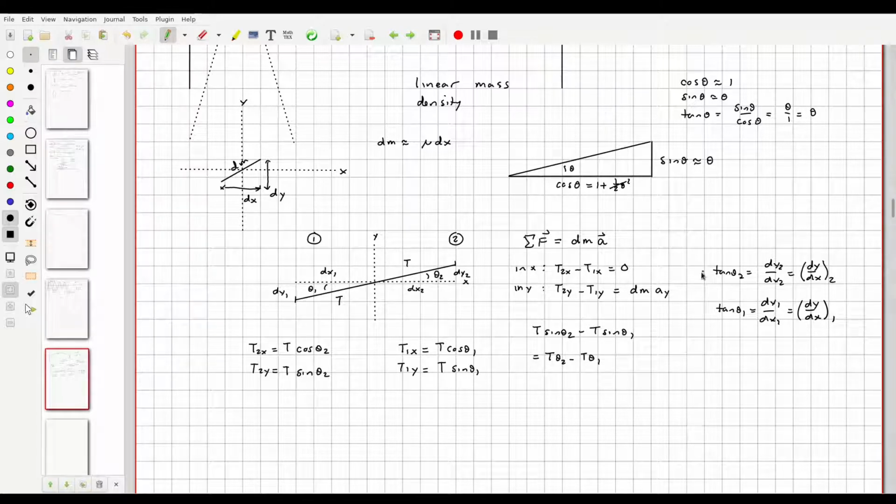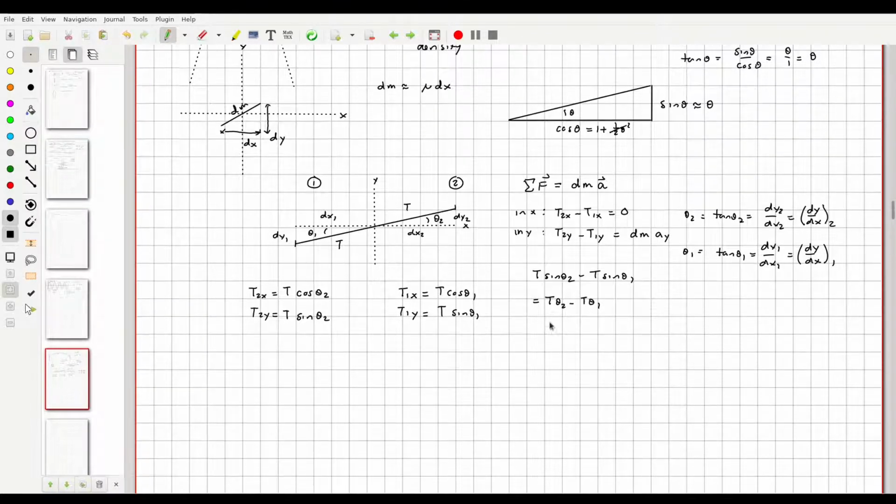Okay, so remember, this is the same thing as theta 2, and this is the same thing as theta 1, which means that the left-hand side of this equation, which I started over here, I can write this way: T times dy dx in region 2 minus dy dx in region 1.